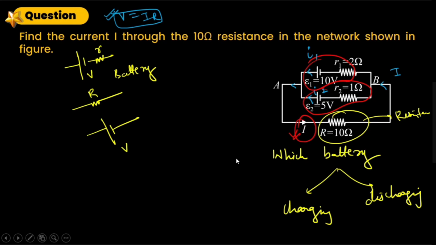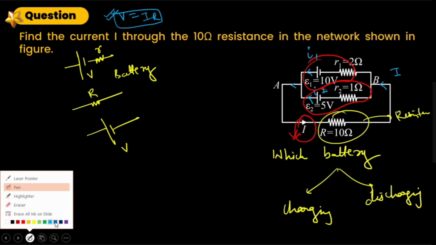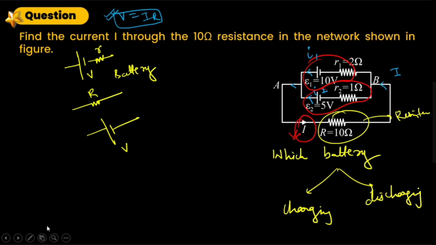Always we have to take the current in such a way that whatever amount of current you have taken out from the battery, it must return to it. If it is not able to return back, then it simply says that your circuit is wrong or you have considered wrong things. So if I came out of it, I must go into it.